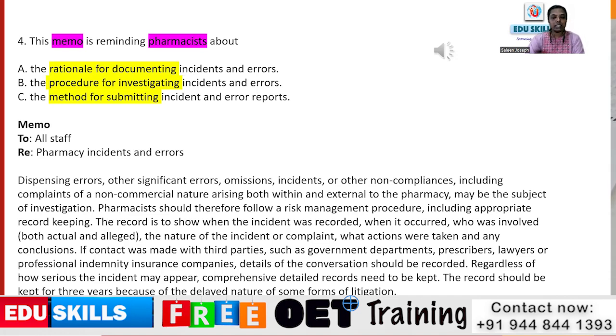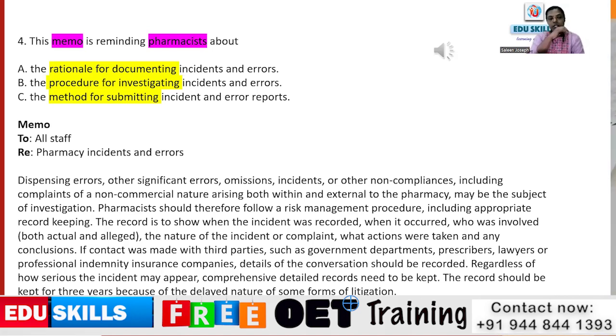The record is to show when the incident was recorded, when it occurred, who was involved, both actual and alleged, the nature of the incident or complaint, what actions were taken, and any conclusions. If contact was made with third parties, such as government departments, prescribers, lawyers, or professional indemnity insurance companies, details of the conversation should be recorded. Regardless of how serious the incident may appear, comprehensive detailed records need to be kept. The record should be kept for 3 years because of the delayed nature of some forms of litigation.